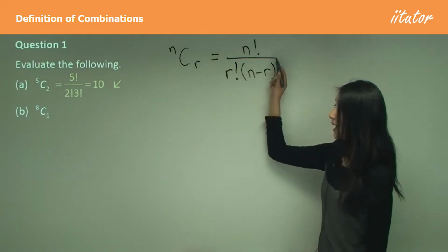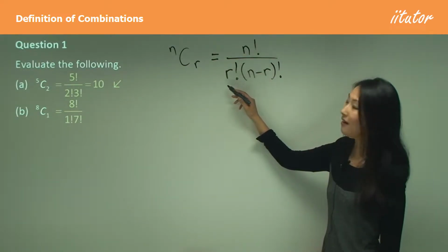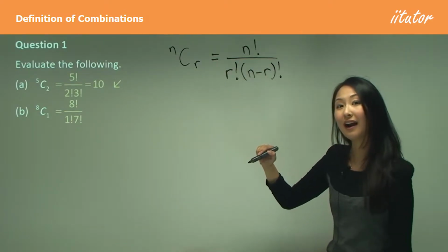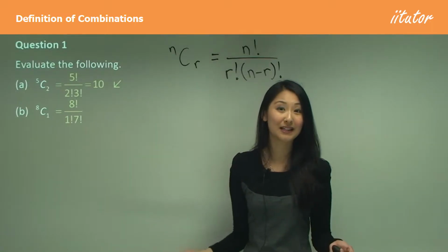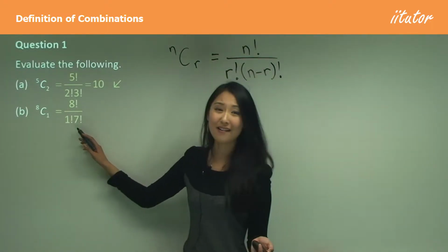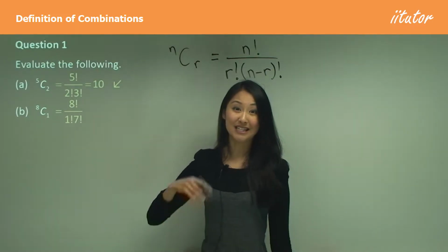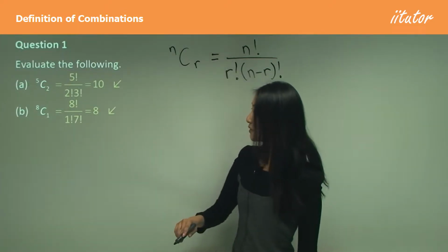That's going to be 8 factorial divided by 1 factorial, which is your r, times 8 minus 1, which is 7 factorial. In this one, you can either put it in your calculator or quickly work it out in your head. 1 factorial doesn't mean anything here. 8 factorial can be written as 8 times 7 factorial, and that cancels with the 7 factorial to just leave you with 8.